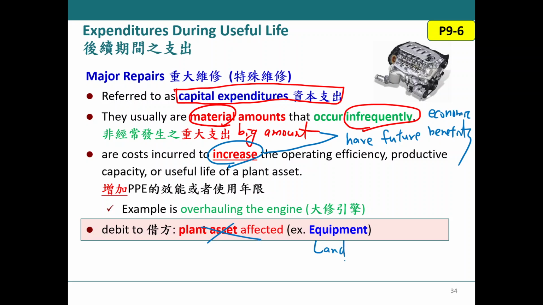Land or land improvement, equipment or buildings. Okay, so depending on which PPE you spend the money on, you should use that account to describe. You spend the money on equipment, land, land improvement, or buildings. Okay?